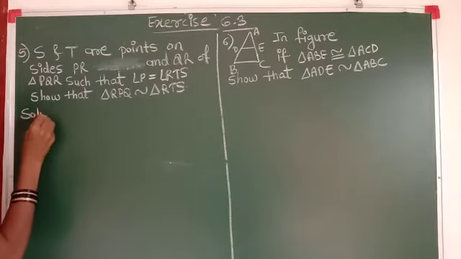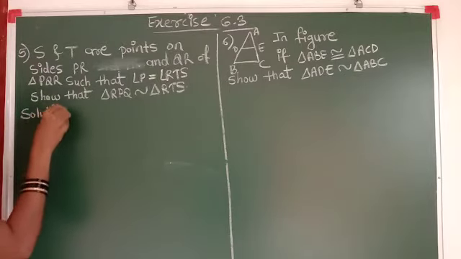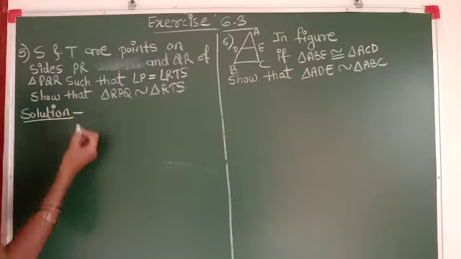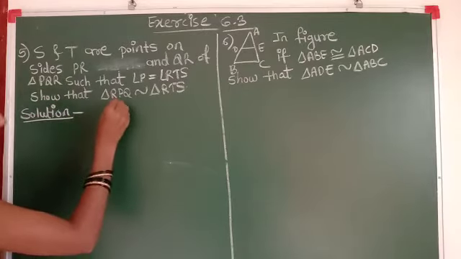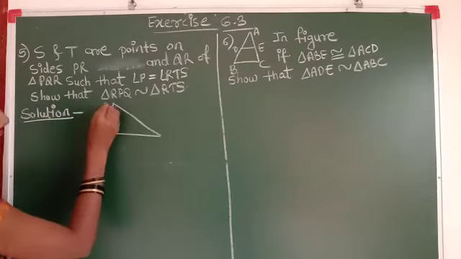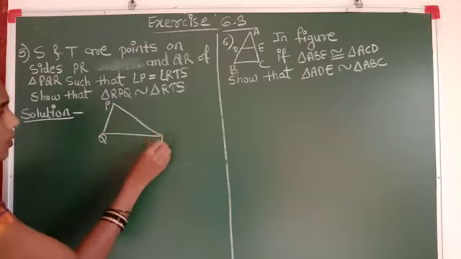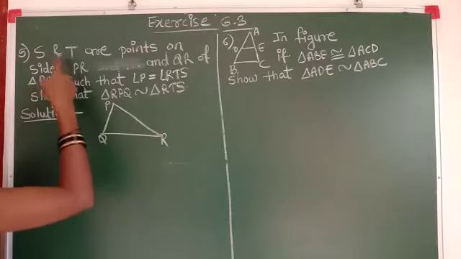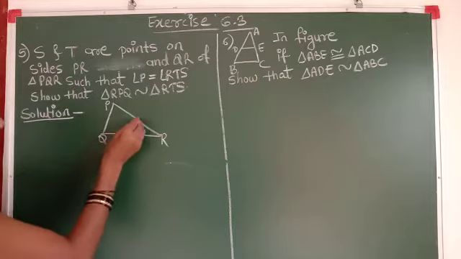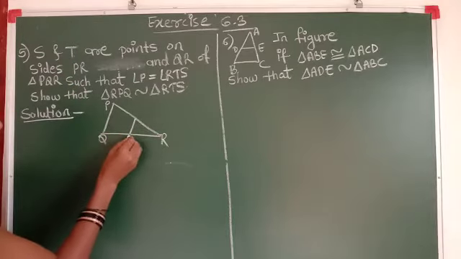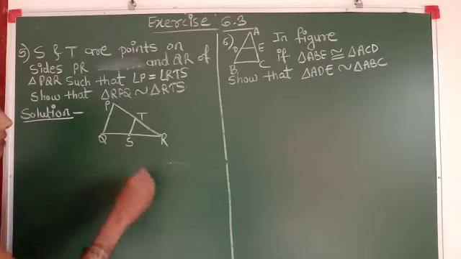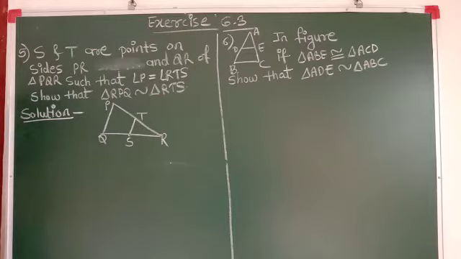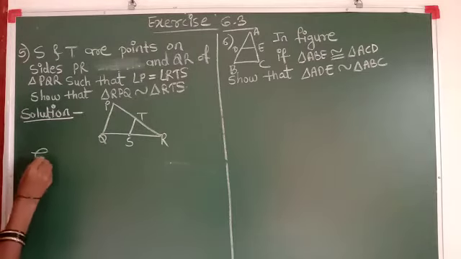Solution. This is the triangle PQR, and S and T are points on sides. We need to prove, given here, what is given?